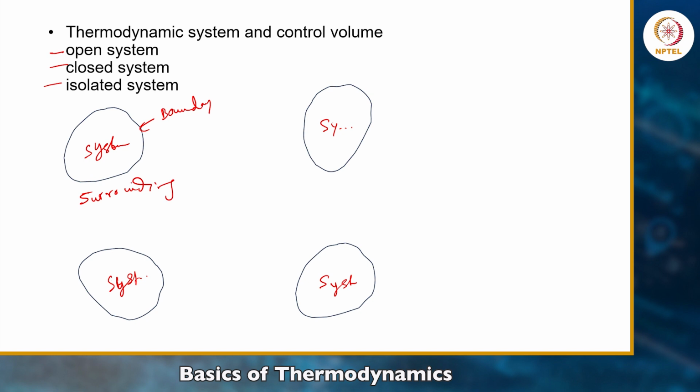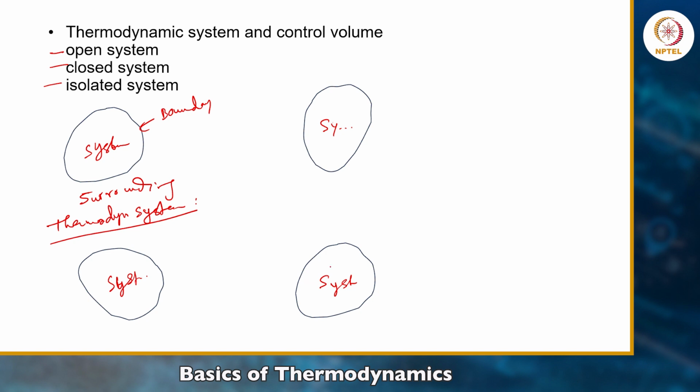The definition: a thermodynamic system is a quantity of matter or a region in space upon which attention is concentrated in the analysis of a problem. One system will have a boundary, and outside the system is called the surrounding. So all these are thermodynamic systems.